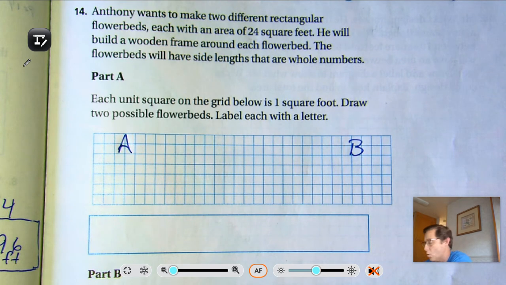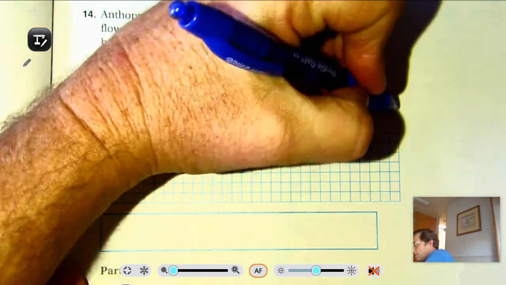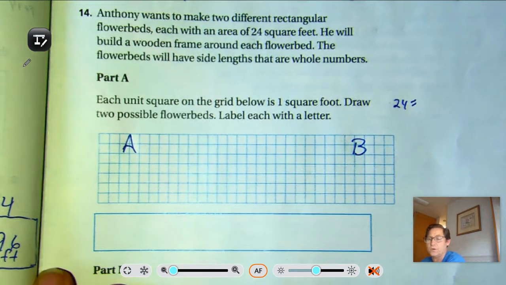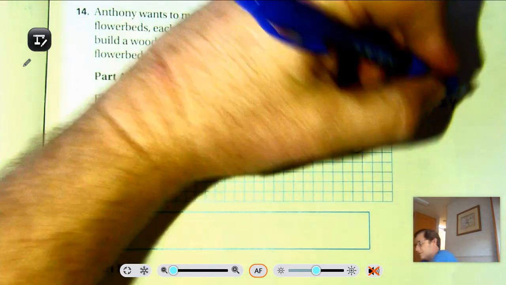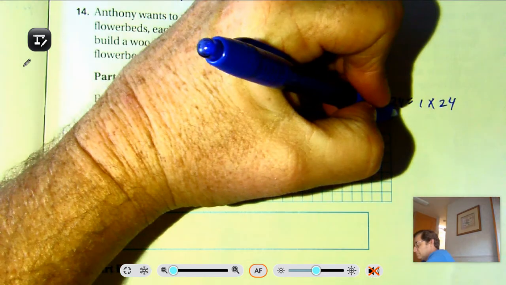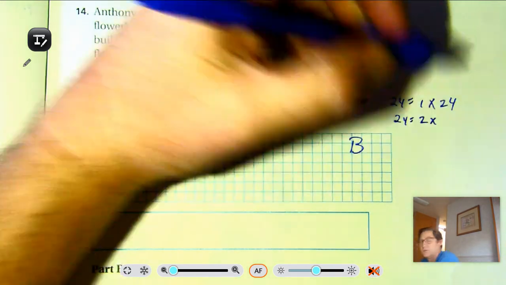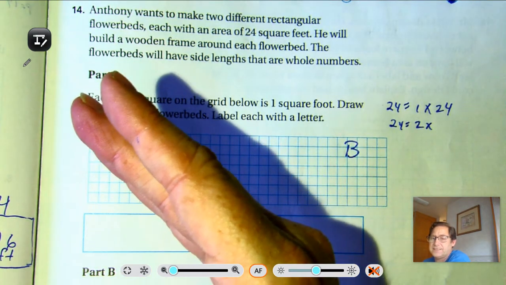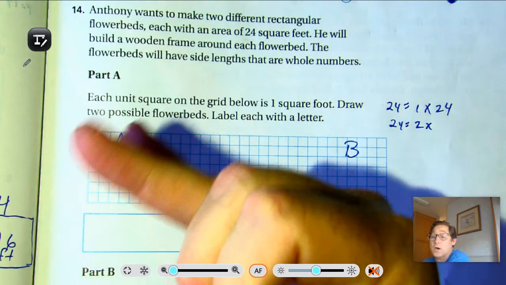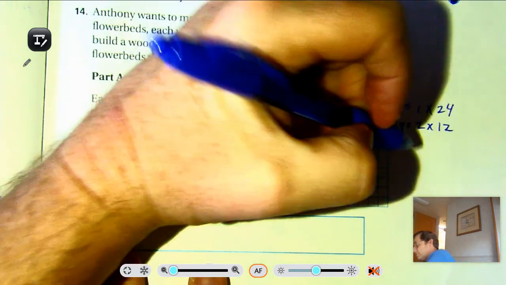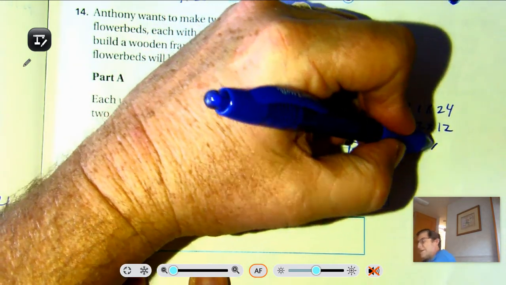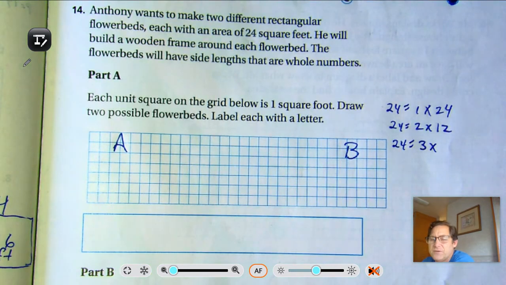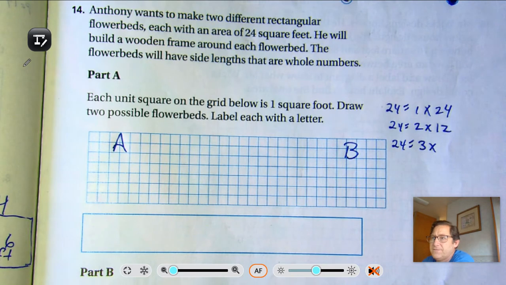Well, I could have a 1, let's see. What numbers multiplied together give you 24? 1 times 24. 2, 4, 6, 8, 10, 12, 14, 16, 18, 20, 22, 24. 12. 2 times 12 is 24. 3 times something be 24. 3, 6, 9, 12, 15, 18, 21, 24.